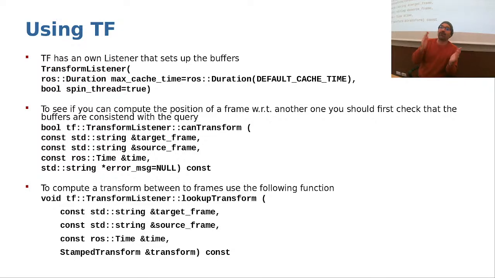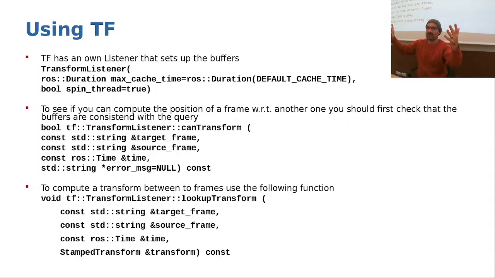The first thing that you can ask is, do you have enough information to calculate the interpolation between this frame and this frame at this time? The frame IDs, if you remember, are defined as strings. So you know the frame name, because if you're listening to sensor data, it is written into the header, right?